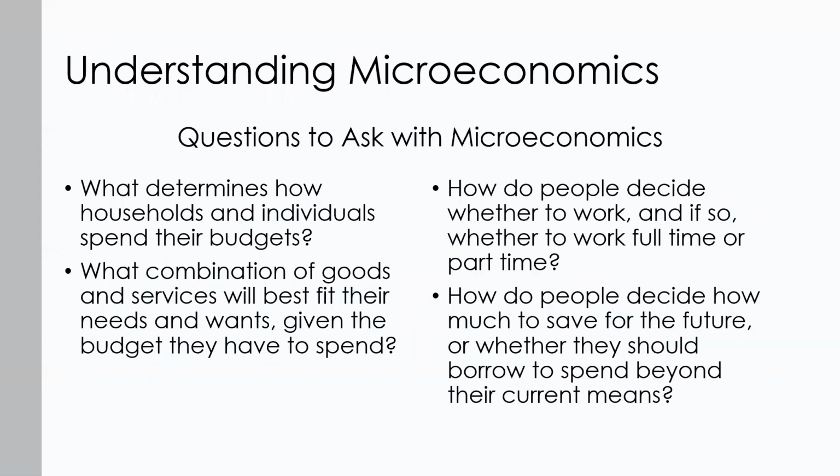Okay? Now, let us try to understand microeconomics. This is somewhat like a review of the things that you have learned in the previous economics subject. Questions to ask with microeconomics: what determines how households and individuals spend their budget, and what combination of goods and services will best fit their needs and wants given the budget that they have to spend? How do people decide whether to work, and if so, whether to work full-time or part-time?